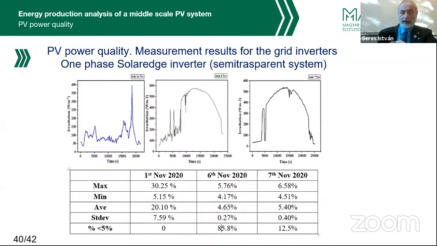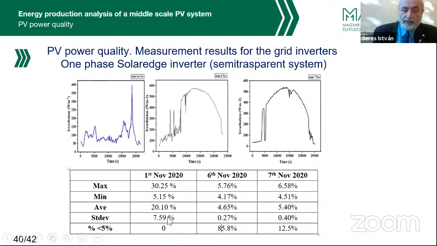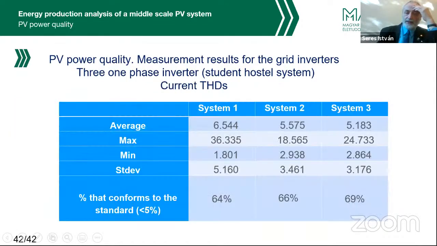What we could recognize is that under bad radiation conditions, the total harmonic distortion was higher, and under good conditions, the total harmonic distortion was within the limit. And we could measure the same for the big 10 kilowatt peak system as well.